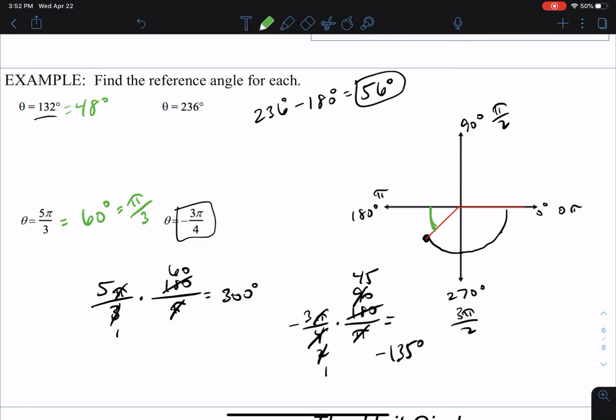How far away am I from 180? If I'm at negative 135 here, and I need to go to negative 180, I'm going to subtract the two. So 180 minus 135, and you're going to get 45 degrees, which is the same thing as pi over 4.